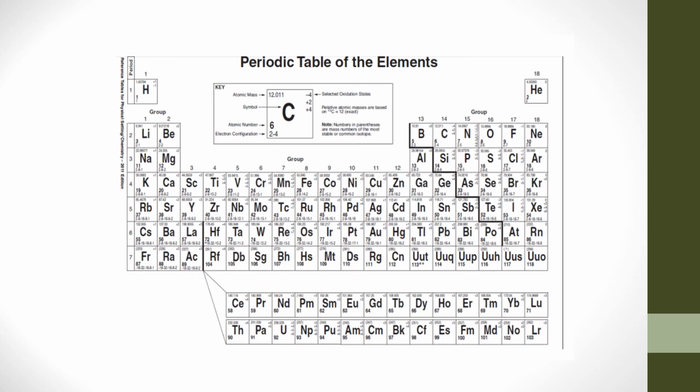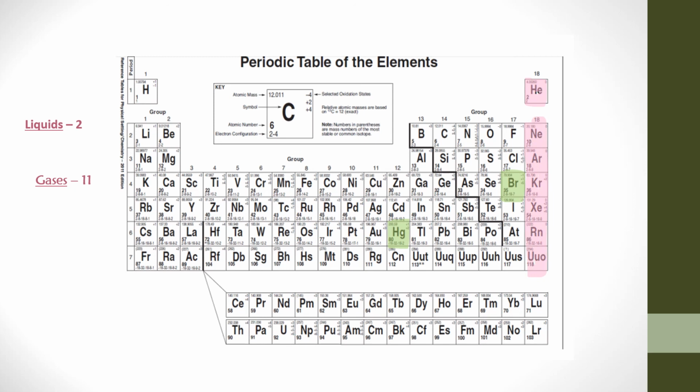And finally, the last thing to know about the organization of elements in the periodic table is that overall we've got two liquids in the periodic table, which are mercury and bromine. Mercury is a metal and bromine is a nonmetal. And we have 11 gases on the periodic table, which of course include all these noble gases.